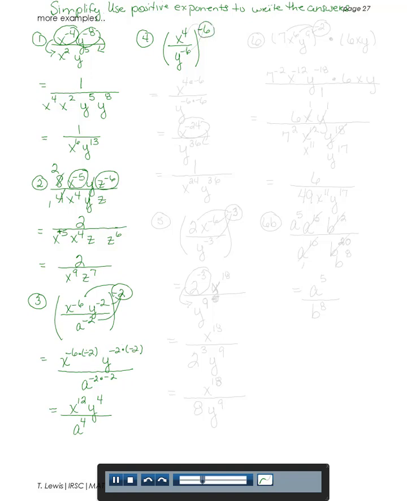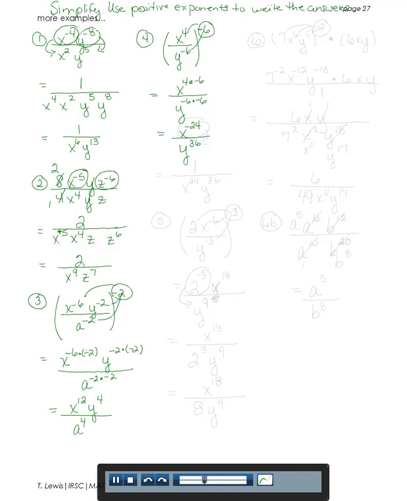We're going to distribute to each factor, you're saying x to the 4th times negative 6 all over y to the negative 6 times negative 6. So that it becomes what? X to the negative 24 all over y to the positive 36.